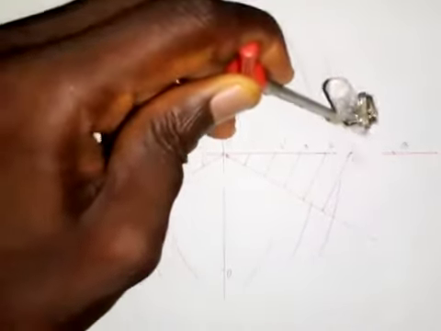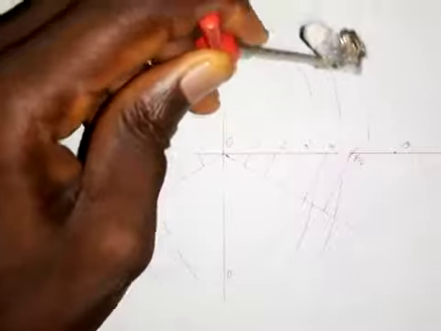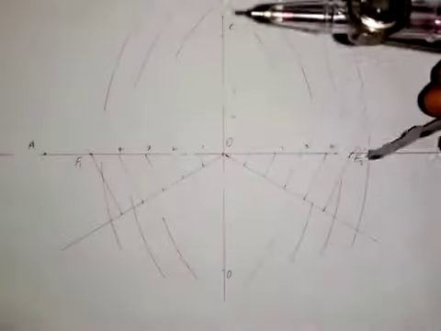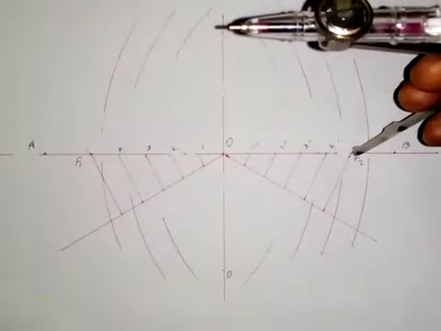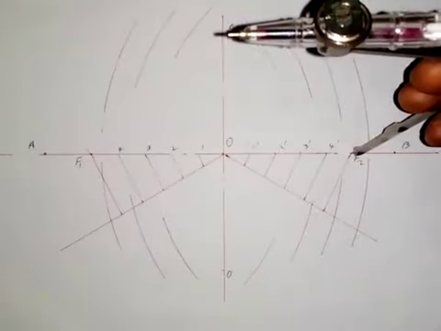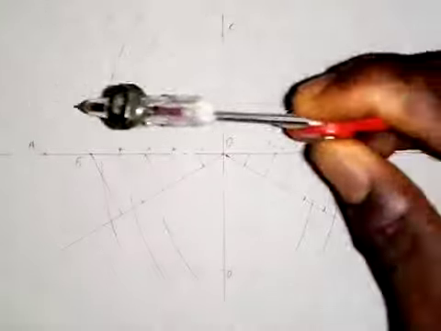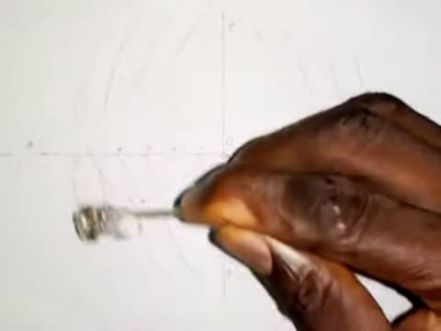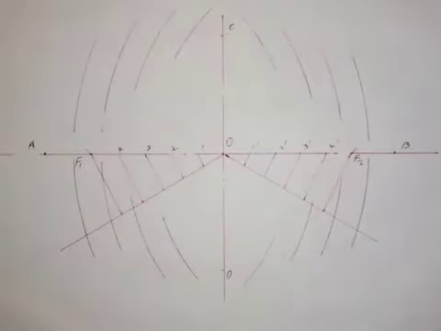Draw an arc here like this. Then put it at F2. Then draw an arc here. All right, so we are done with that.